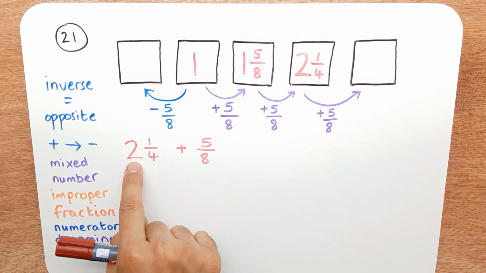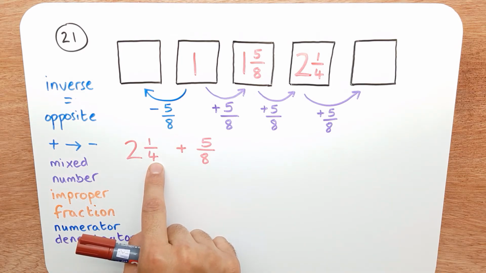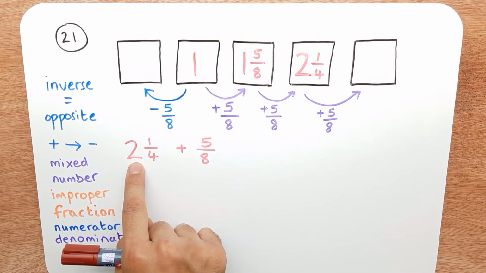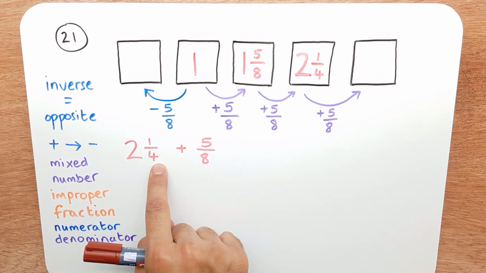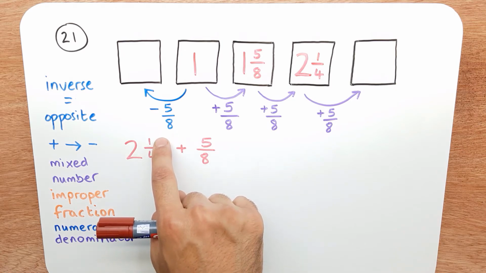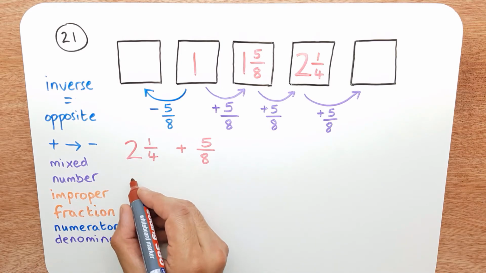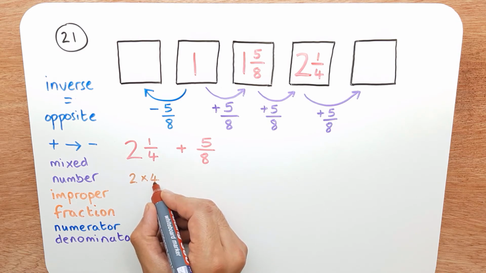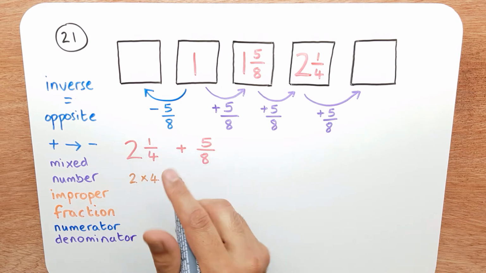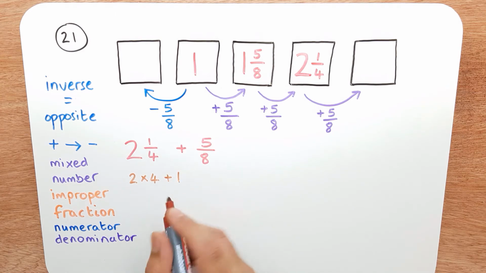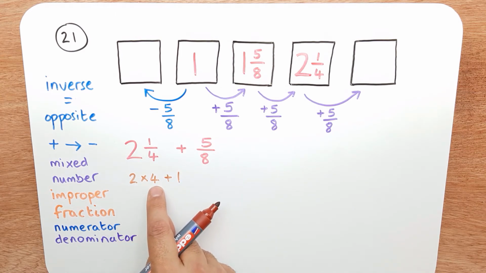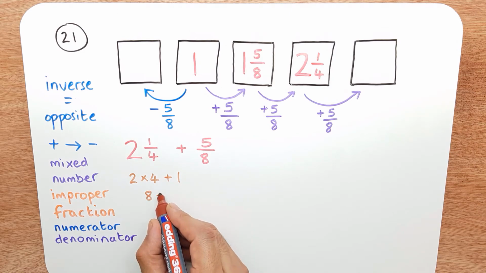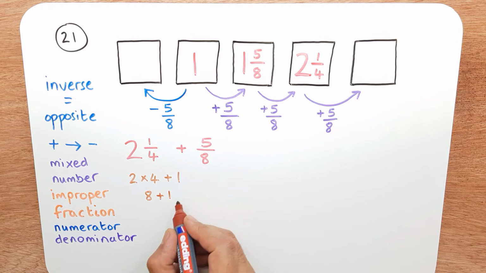So how do you turn this mixed number into an improper fraction? Remember it this way. The big number multiplied by the bottom number plus the top number. So let me write that out. So it'll be 2 times 4 plus the top number, which is 1. So 2 times 4 is 8 plus 1 makes it 9.